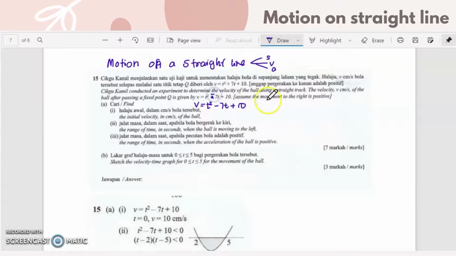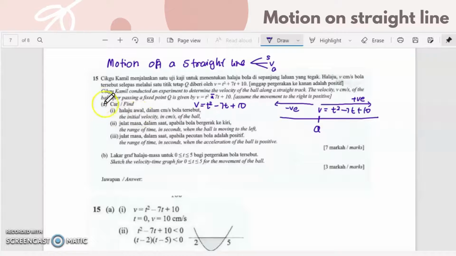This one is minus. Assume the movement to the right is positive. So we start at a fixed point Q, and v is equal to t square minus 7t plus 10. So we assume when it moves to the right, it will be positive, and when it moves to the left, it will be negative.